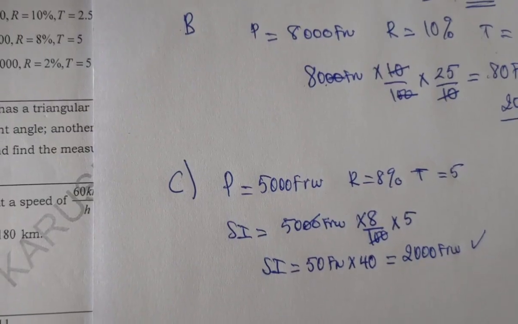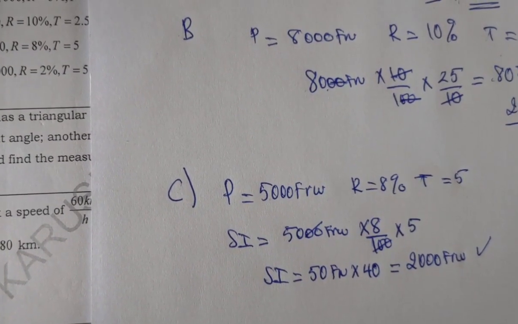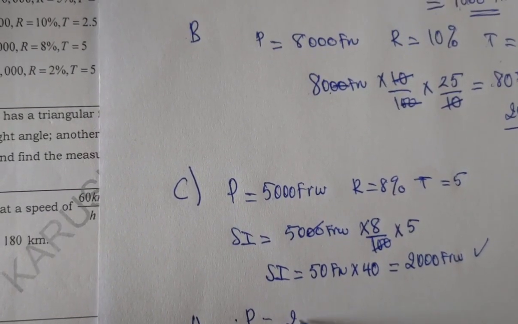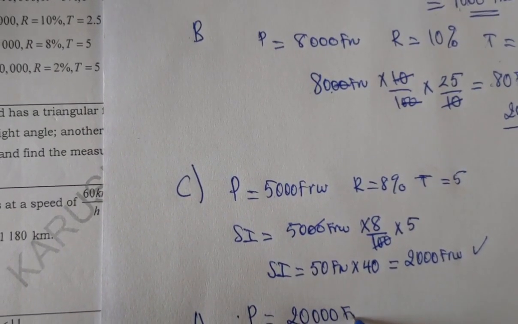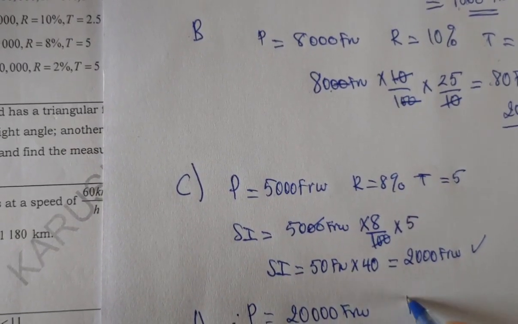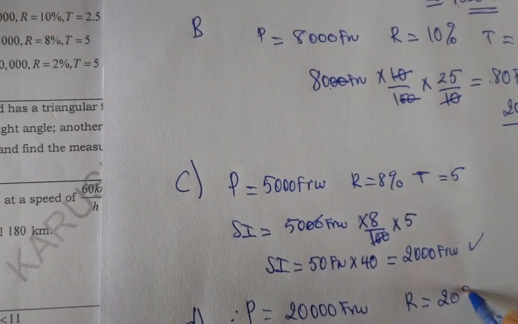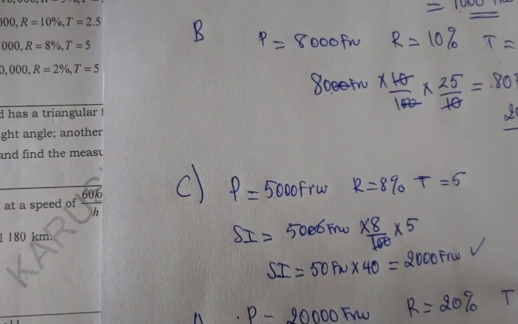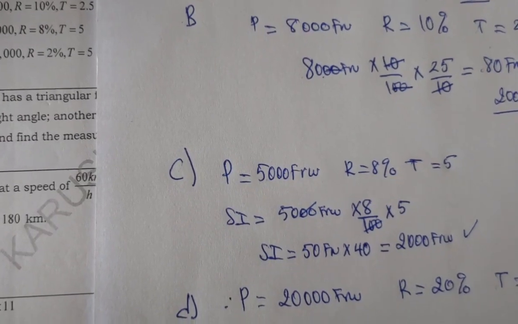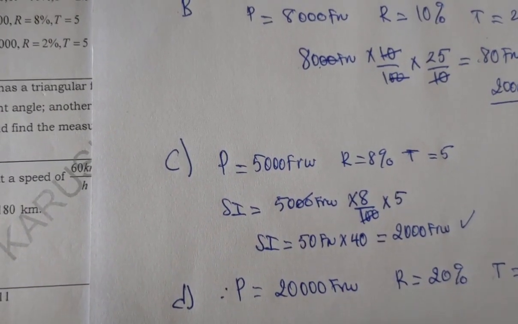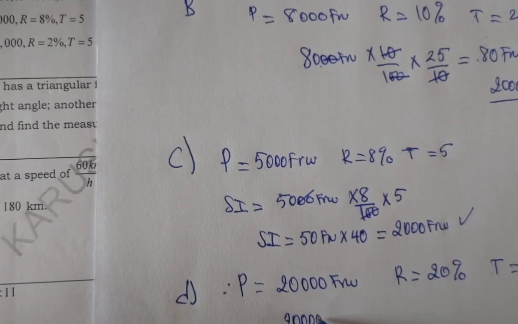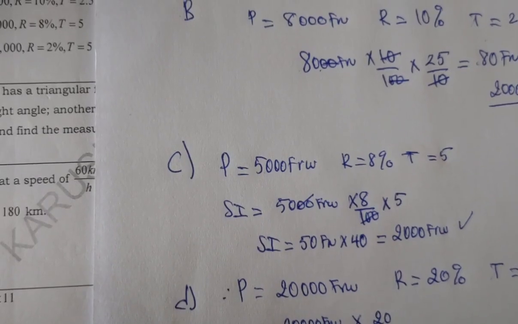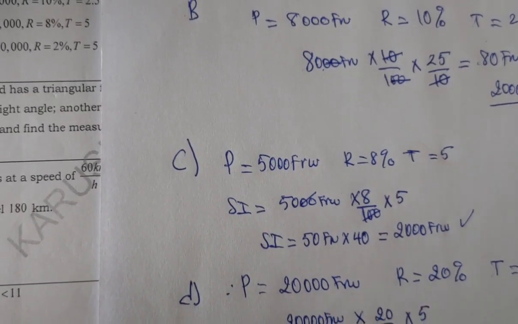And then for choice number D, they said principal is 20,000 Rwandan francs, and then here rate is 20%, and then we have time of 5 years. And then here I'm going to replace into my formula, which says principal is 20,000 Rwandan francs times rate 20%, then times 5 as time.